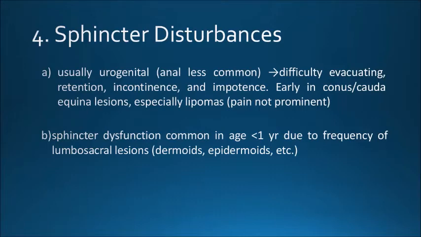Usually the urogenital disturbances can be there, and the less common ones are the fecal ones. So there will be difficulty in evacuating the urine. There will be retention of urine, incontinence, and impotence can also be associated with the sphincter disturbances. And these symptoms can be present early in cases of conus or cauda equina lesions, especially lipomas, where pain is not the prominent feature. So sphincter dysfunction can be more common in ages less than 1 year due to the frequency of lumbosacral lesions like dermoids and epidermoids.